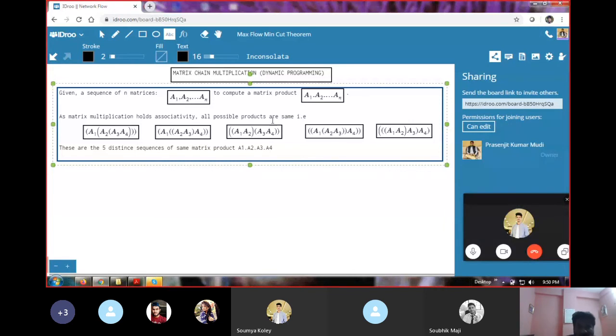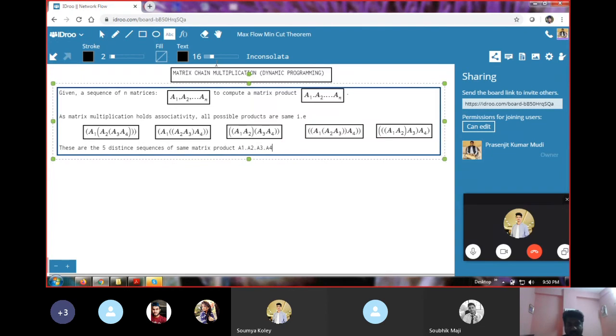All of them will give us the same result, but why are we considering these sequences of matrix multiplications? Somehow the sequences are different, so does that matter? Should we actually consider the different sequences separately? Yes. How? Let's take an example.